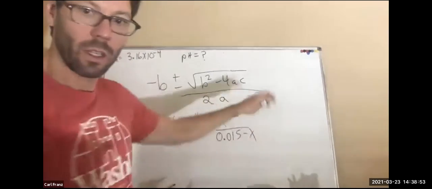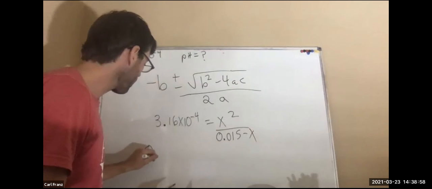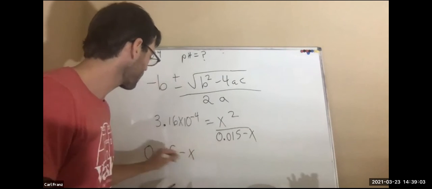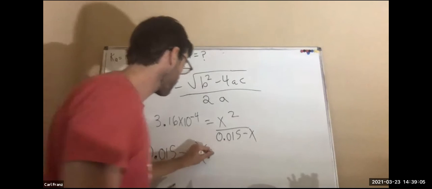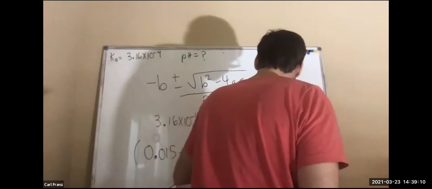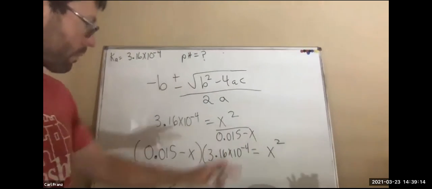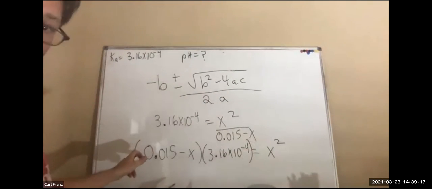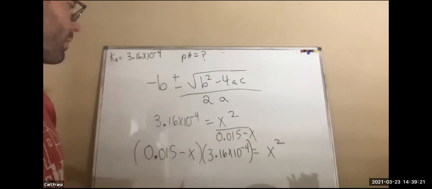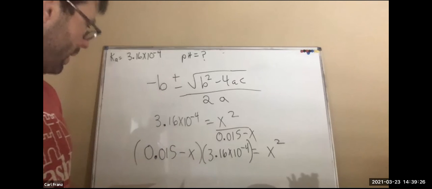Let me do this to get x by itself, right? So then we get 0.015 minus x times 3.16 times 10 to the negative 4 equals x squared. And we distribute. So 3.16 times 10 to the negative 4 times 0.015.